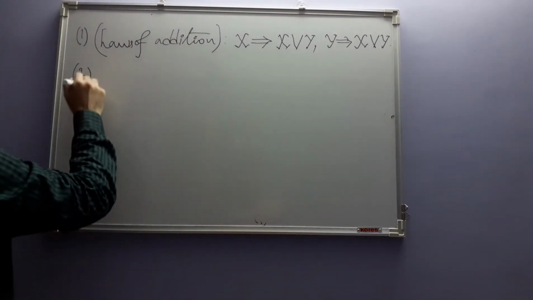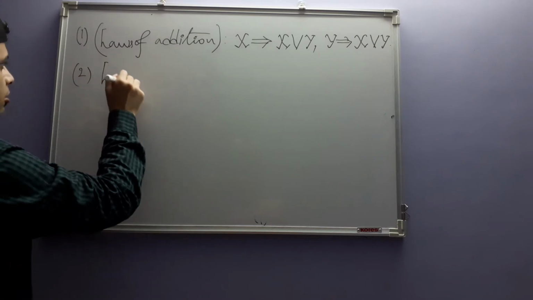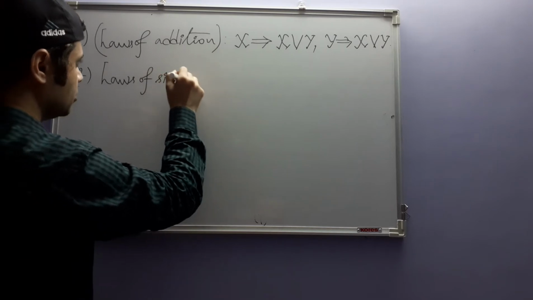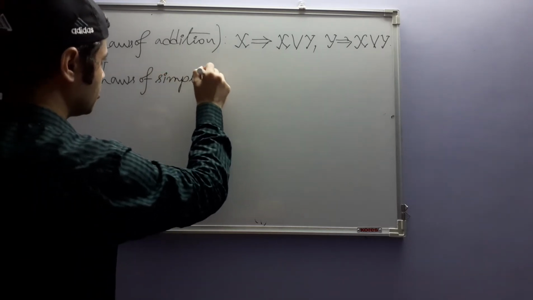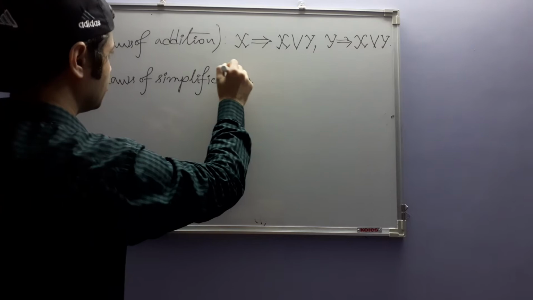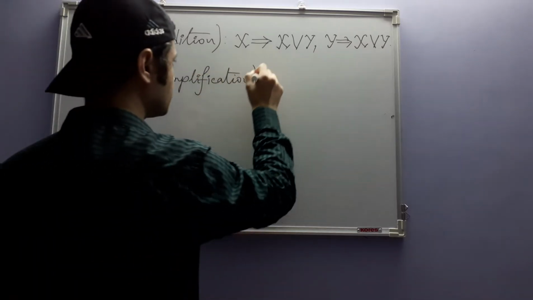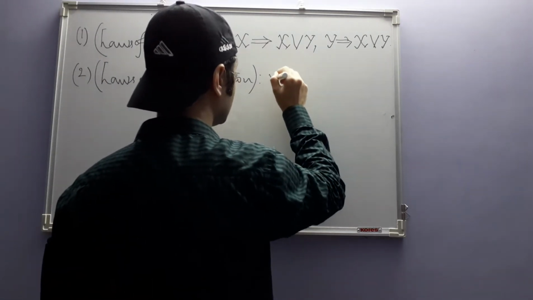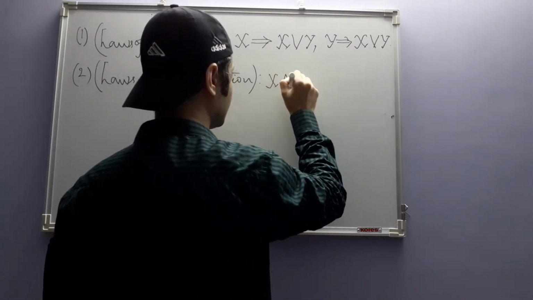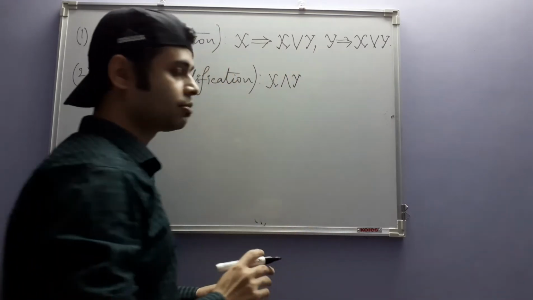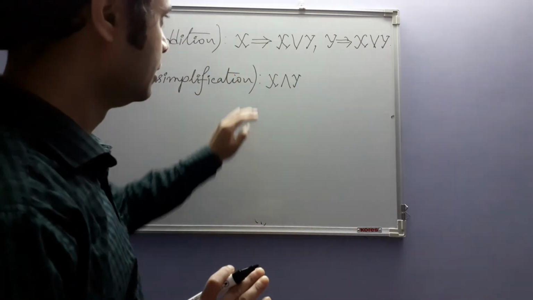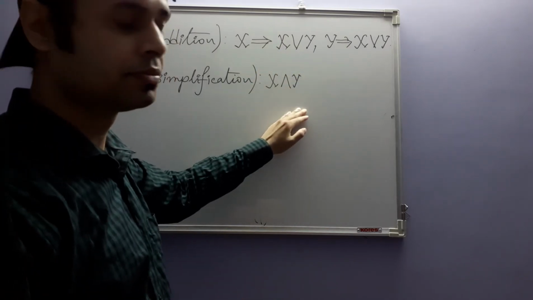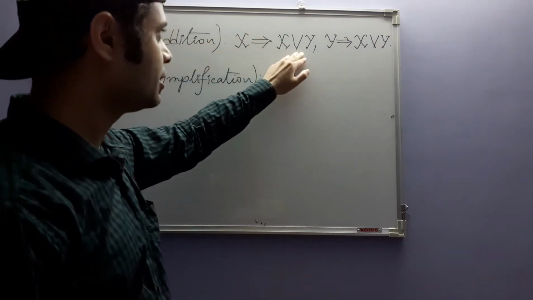The second one is the laws of simplification. It's just the opposite. Here we start with a conjunction. Unlike the previous case, we now have conjunction, not disjunction. This is a common mistake, to confuse between these two. When we have addition, we have disjunction.